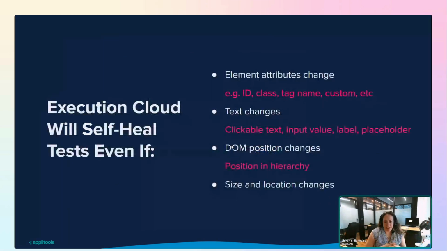So the execution cloud is so robust that it would also heal your test in case the element's attributes are changing, the text is changing, the DOM position in the hierarchy changes, the size and location of the element is changing. And it's going to learn this mechanism over time.